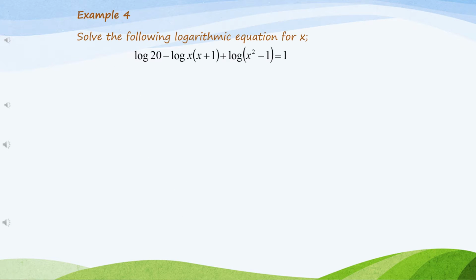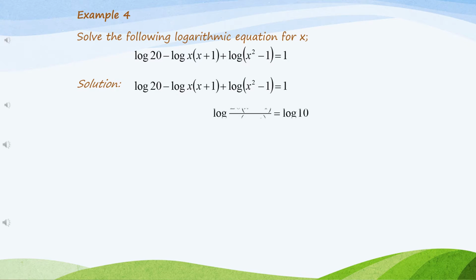Example 4. Solve for x for the logarithmic equation. Log of 20 minus log of x times x plus 1 plus log of x squared minus 1 equals 1. By using the rules of log, we get log of 20 times x squared minus 1 over x times x plus 1 equal to log of 10.